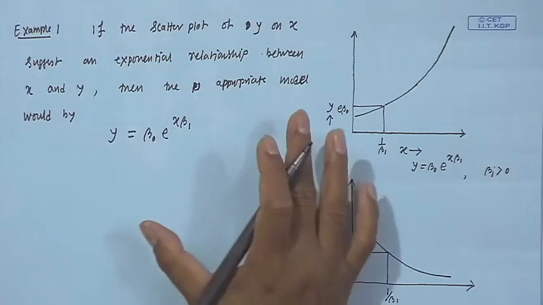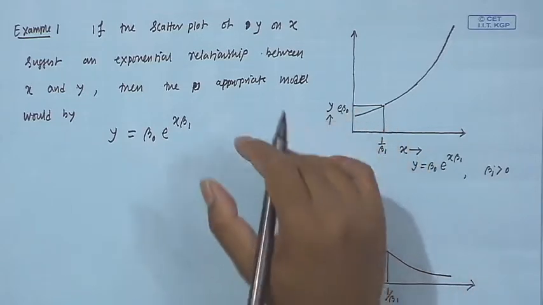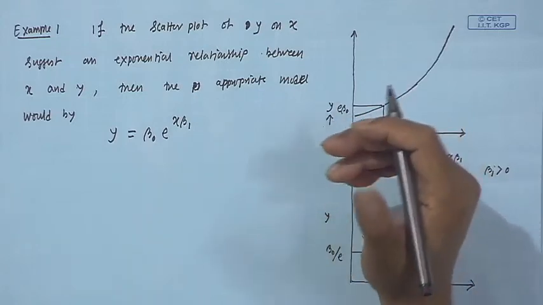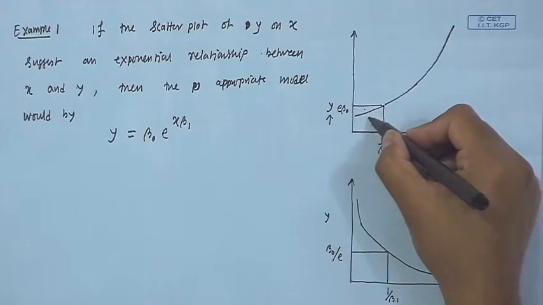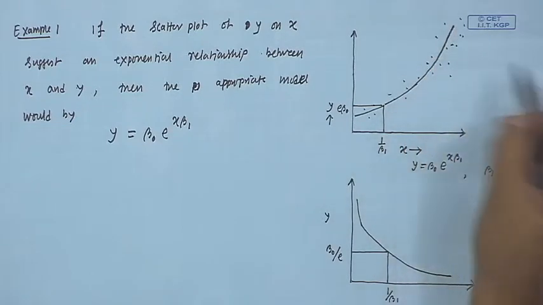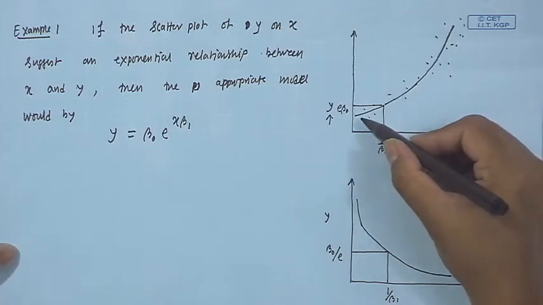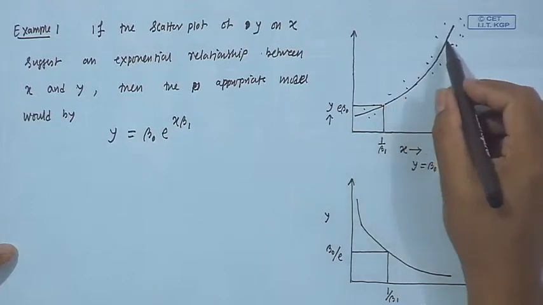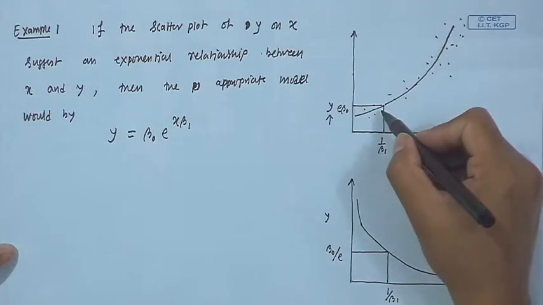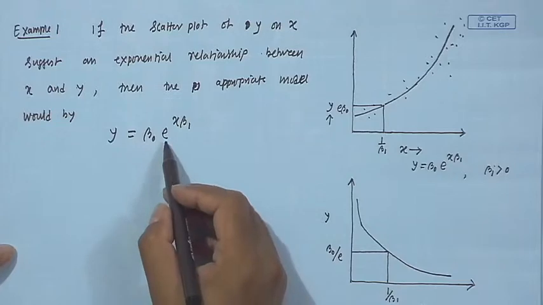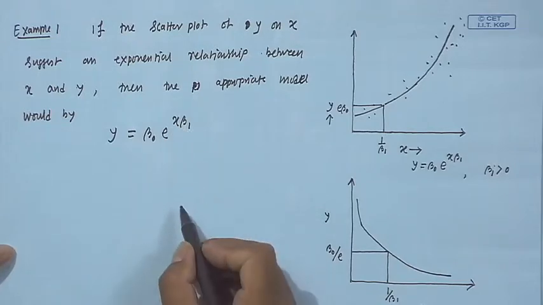Okay, so what it says is that given a set of observations of the regressor variable and the response variable, you first find the scatter plot, and suppose this is the scatter plot. If the scatter plot indicates that the relationship between y and x is exponential, then the appropriate model is y equal to beta naught e to the power of x beta 1.